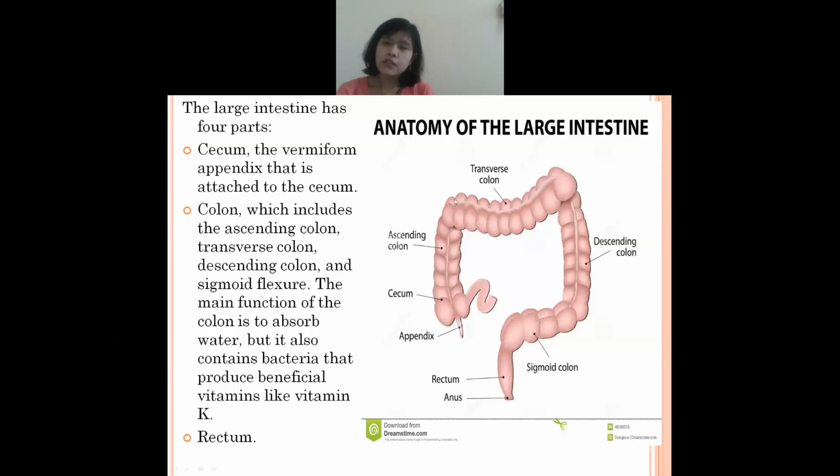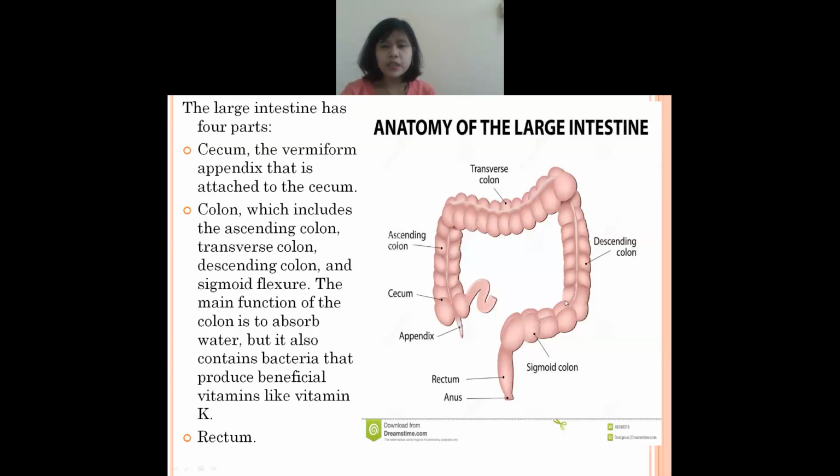Okay, and the second is what? Next you will see the ascending colon, transverse colon, descending colon, and sigmoid colon, also known as the sigmoid flexure. So what are the functions of this colon? They will help in absorbing water. They will also produce bacteria, which is beneficial for our body.